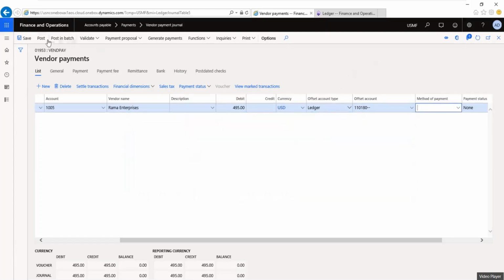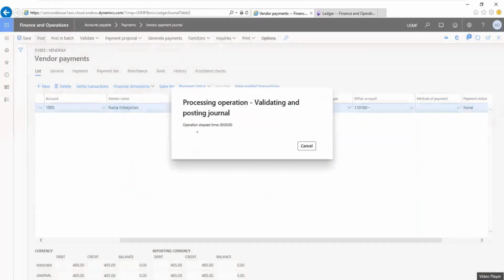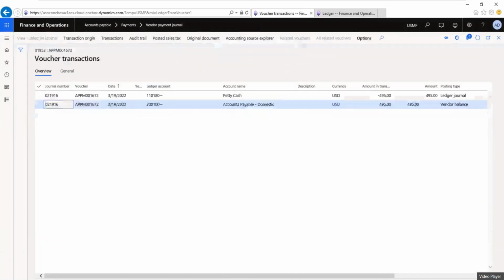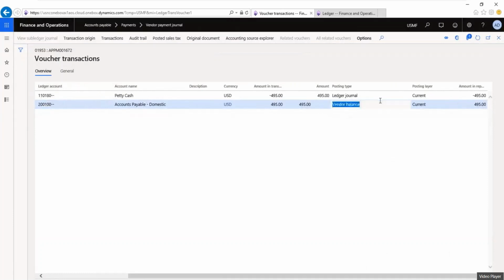Then you can do the payment and post. Voucher, if you want, you can verify. Vendor account debit to cash account credit, cash ledger account. Look at this one. Vendor balance account debit and cash account, petty cash account, it is paid. It will be posted.